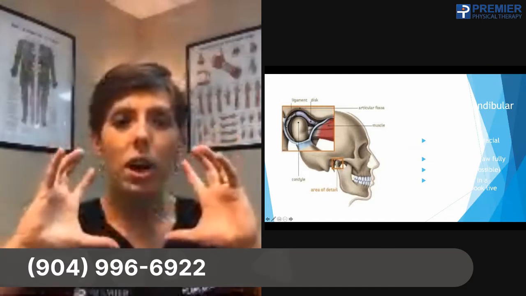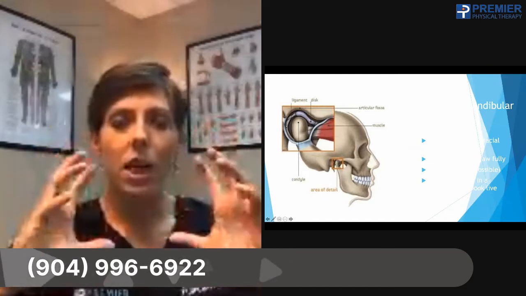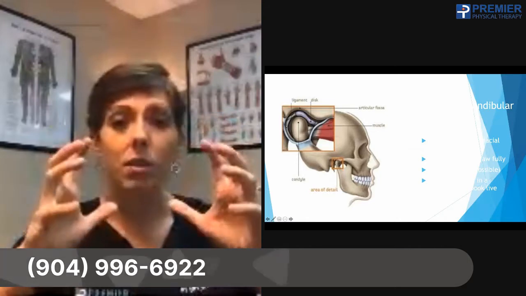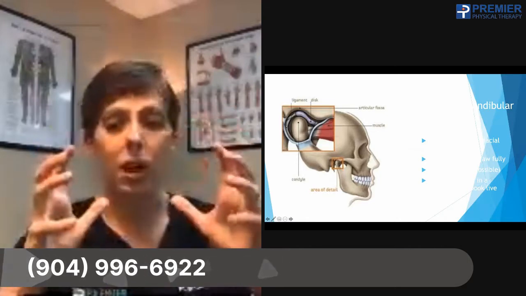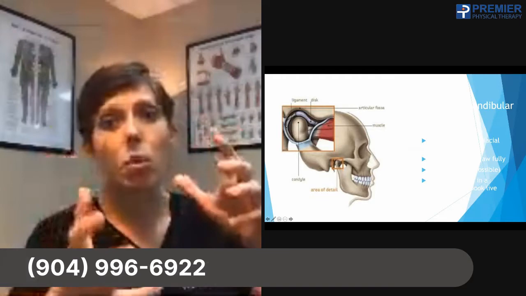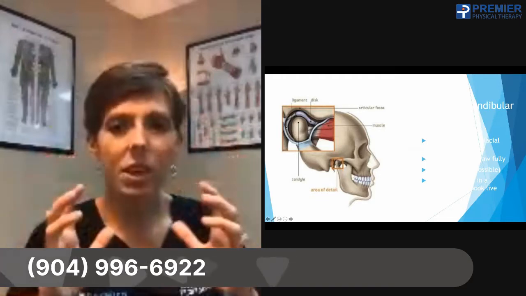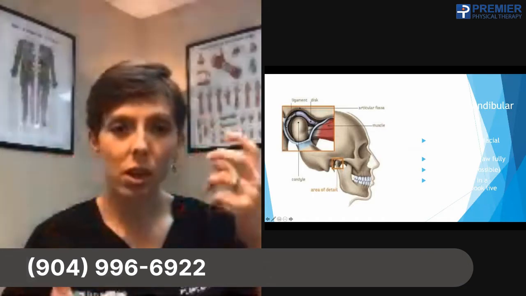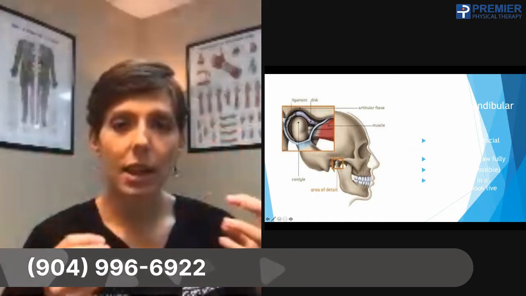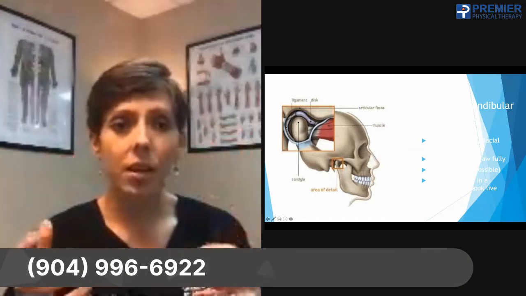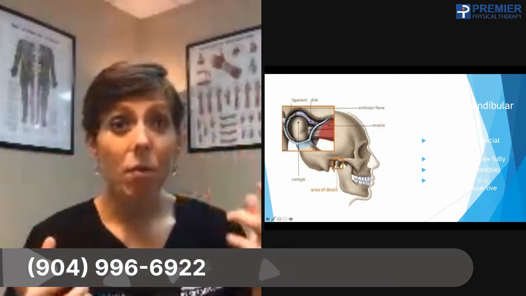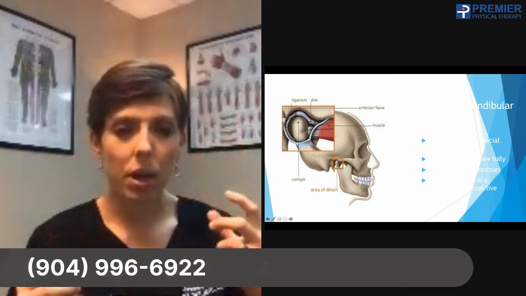So now as I'm trying to open my mouth, I might be opening but moving more on one side than the other, because of maybe hypermobility on one side, or maybe hypomobility on the other side. That can lead to compression on one side of the joint, which can lead to all sorts of breakdown at the level of the joint itself. The disc itself can become involved as well, which can give some pretty sharp pain.